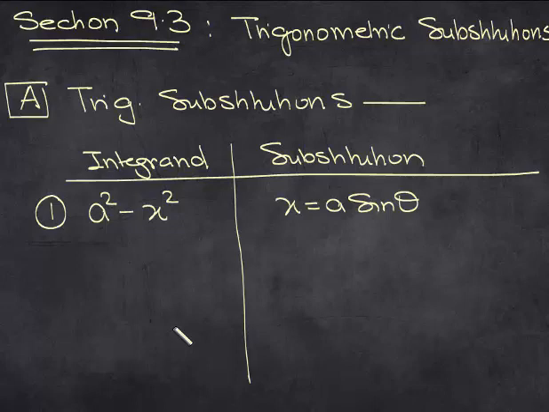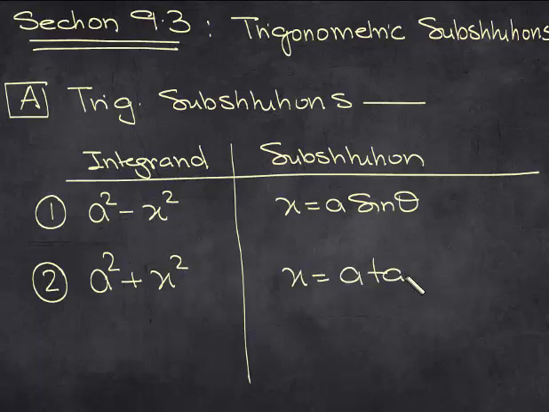Normally we go u is equal to something, correct? So this is a different substitution. We're replacing x with theta. Second, if you have an integral that contains a squared plus x squared, then the substitution we're going to make is x is equal to a tangent theta.